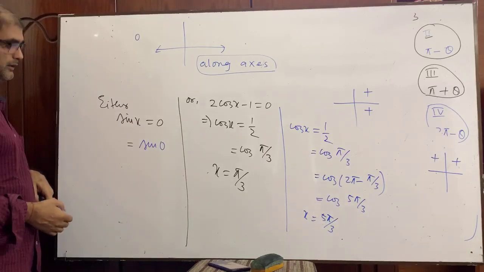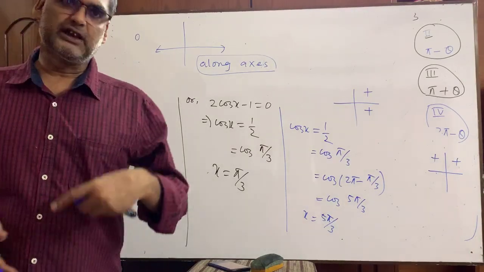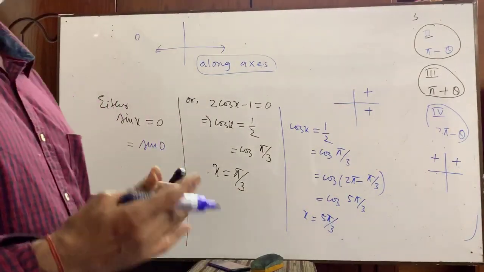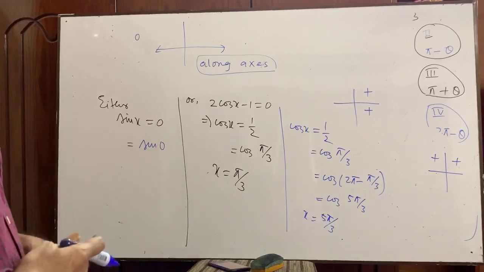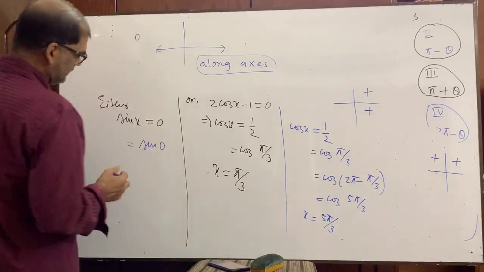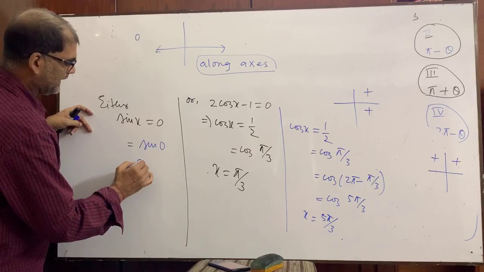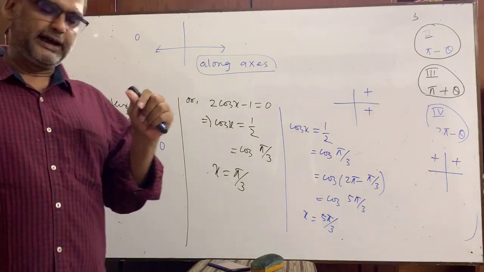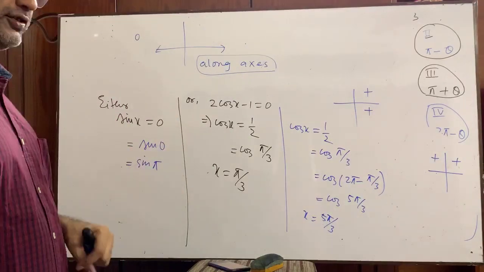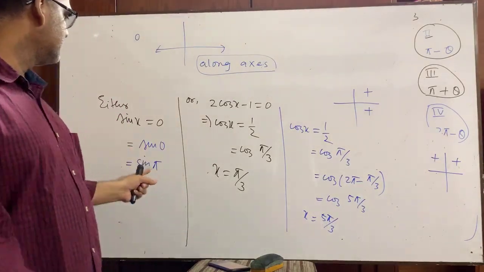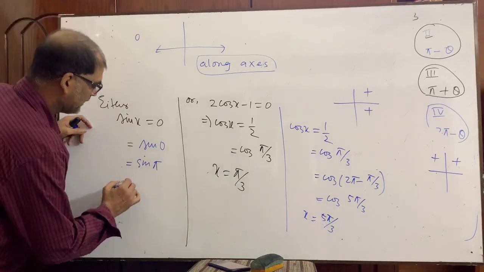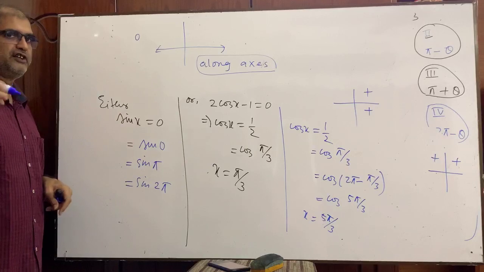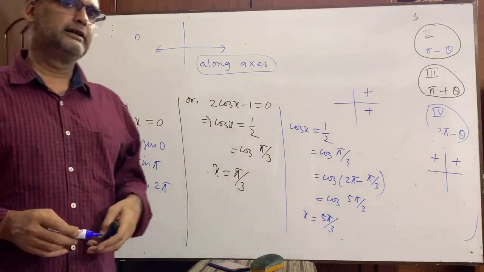Now, you know it is a periodic function, right? So after every 180 degrees, it repeats. If we have a calculator, you please use it and write down sin 180 degrees. You operate sin 180, you will get 0. You again operate sin 360 degrees, you will also get 0.